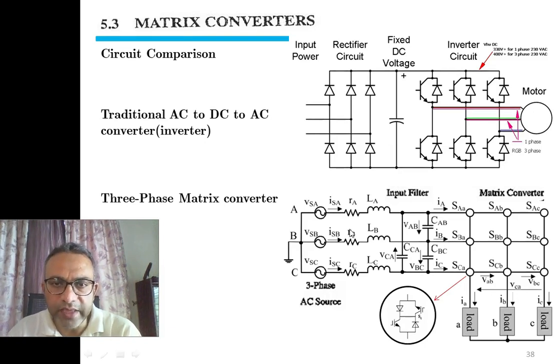First of all, we have here the three-phase AC source, A, B and C. Then RA, LA and CAB, or RB, LB and CBC, or RC, LC, CCA. These RLC circuits are the input filters.